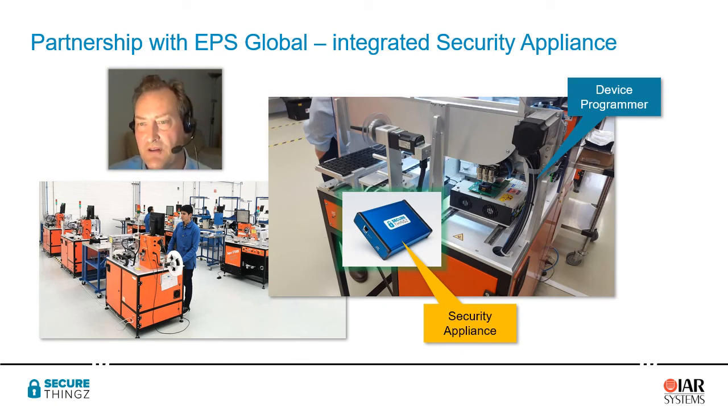This diagram on the right shows you a close-up of where the device programmer is, this unit on the right-hand side. And we've worked closely in partnership with EPS and the supplier of the programmer to integrate our security appliance with that environment so that they collaborate and coordinate in terms of providing a secure programming service.